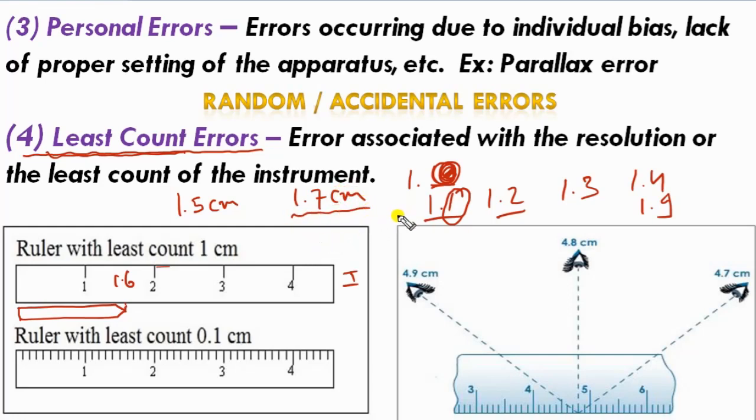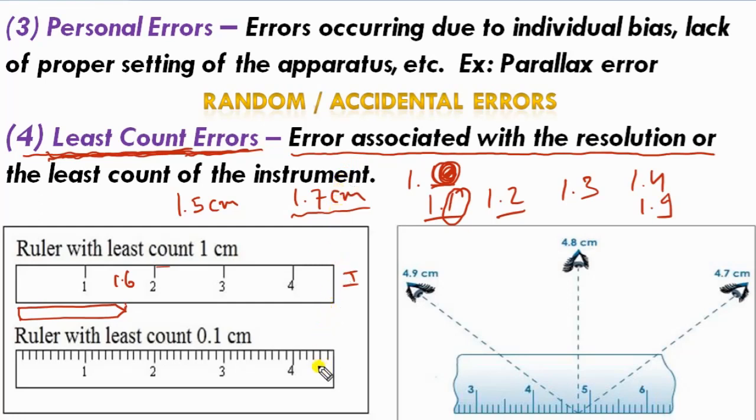And why is this error arising? Because there is always some limitation with the resolution of the measuring instrument that we are using. The resolution may be very high, but still it must have some limit. So there will always be some amount of least count error in our measurement, and least count errors can be minimized by using a measuring instrument that is more precise.